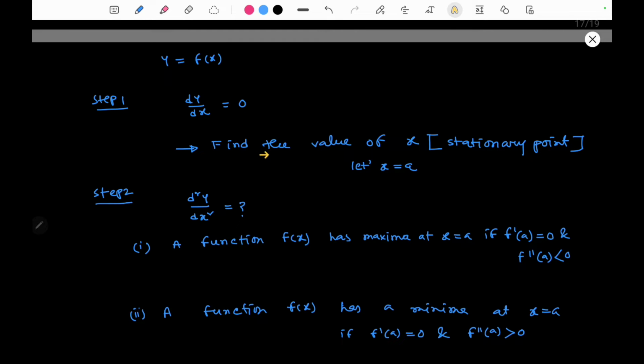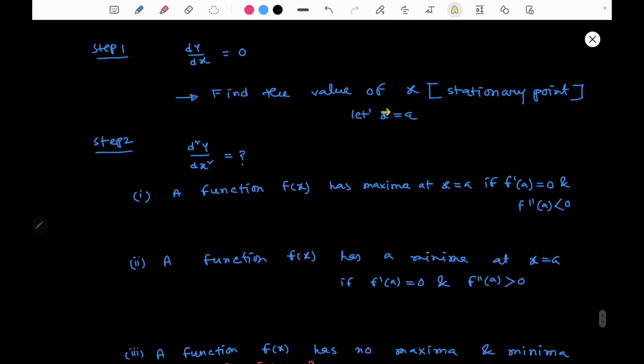Then as the result we will get some x values, and those are the stationary points. It can be one or many, and it will be called a stationary point. Let's say x = 1, x = a, we have calculated.